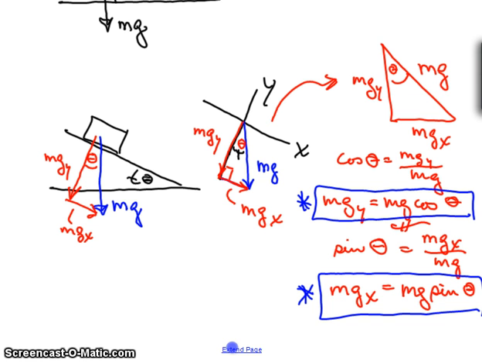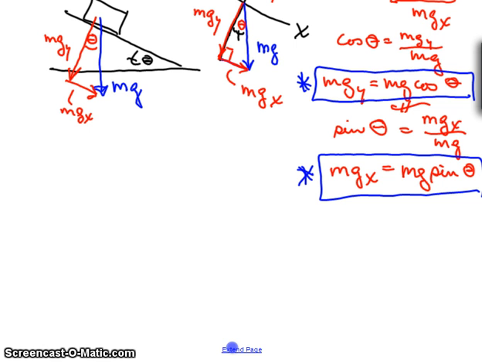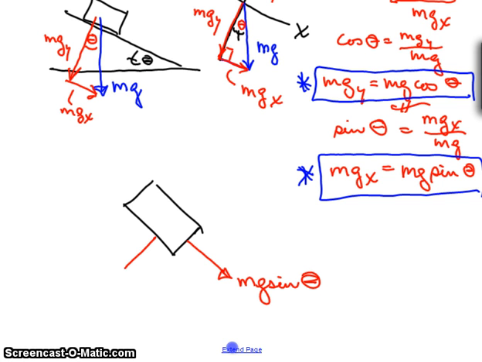Let's look at another picture of the object by itself. In other words, a free body diagram. Here's the object. What we're saying is there is a weight pulling it down the incline in this direction that's going to equal mg times the sine of theta. Part of its weight is going to be pressing it against the ramp. That's going to be mg cosine of theta, the weight times the cosine of the angle.